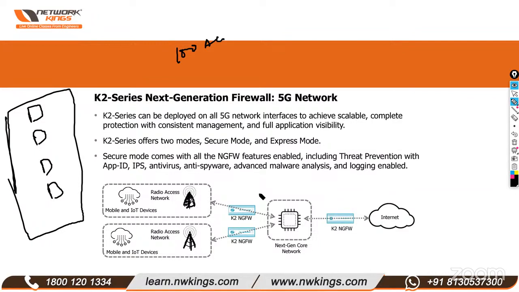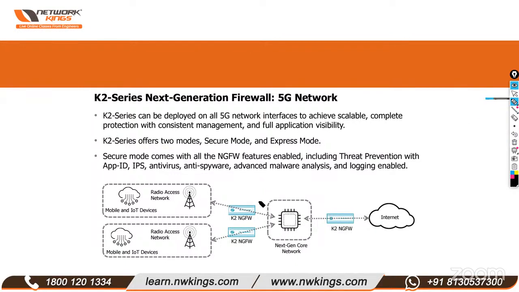For example, the accounting department may want to access a headquarters application, so network is needed. For that reason we have K2 series firewalls, placed in towers, where app ID, antivirus, and all that filtering will happen, and you can access the internet with traffic filtering.